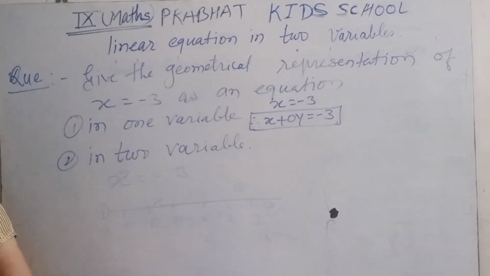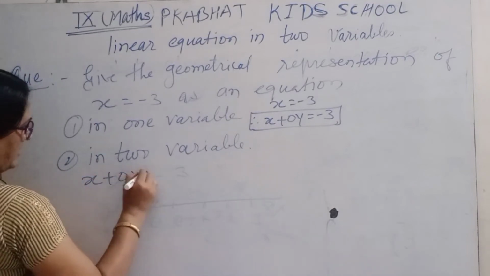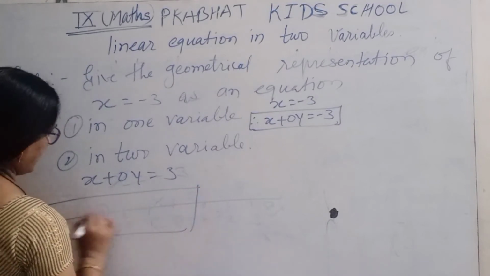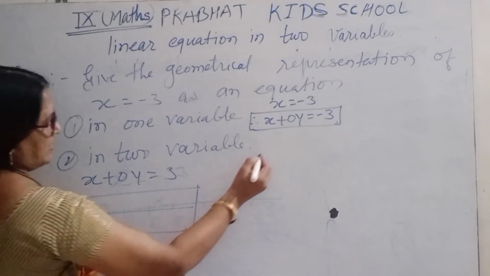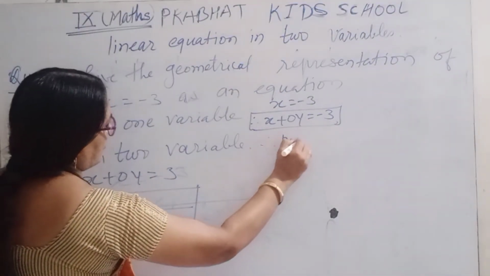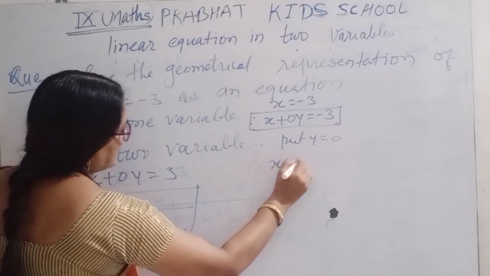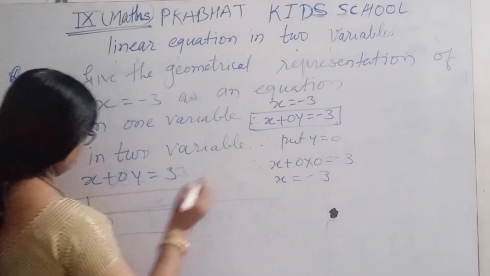For the equation x plus 0y is equal to minus 3, first take y equal to 0. Therefore x plus 0 multiplied by 0 is equal to minus 3, so x is equal to minus 3.